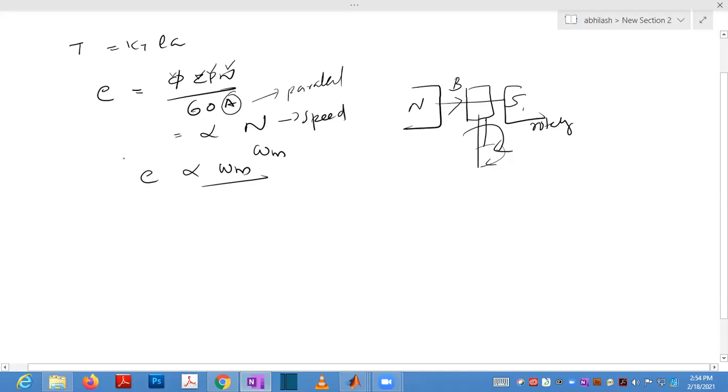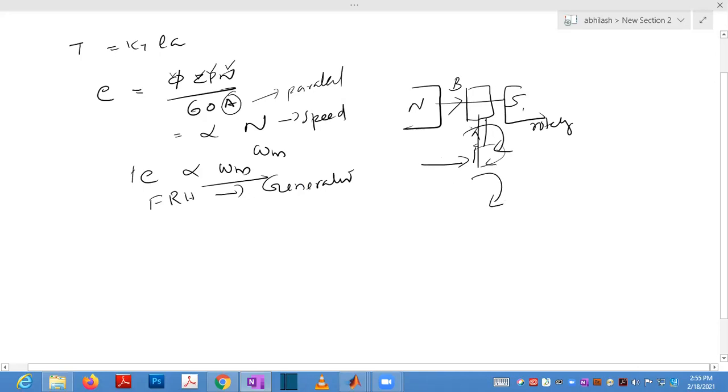So it is a generated EMF, and the generated EMF direction is given by Fleming's right hand rule for a generator. For a motor, it is the left hand rule. The flux direction is this one, the current direction is this one, and the motor will rotate in this direction.